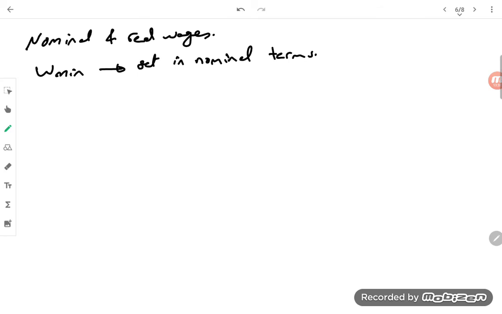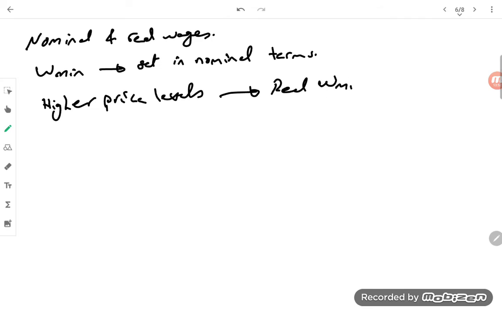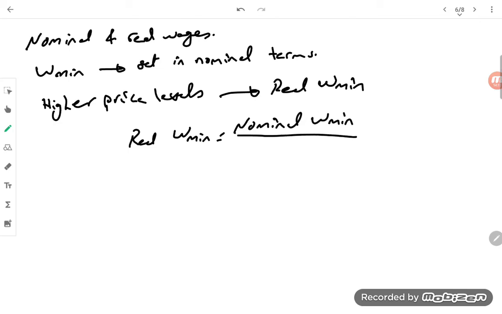So this means that if prices are expected to increase to a higher price level, the real value of the minimum wage rate is going to decrease, as real wages are calculated as nominal wages divided by the general price level or any indicator for the general price level, such as consumer price index or GDP deflator.